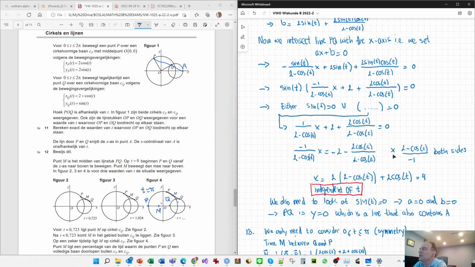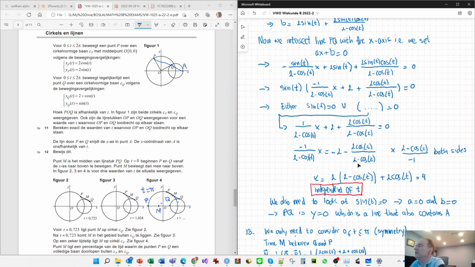So what you do is multiply both sides by the inverse here, right? You want to isolate x. So here you get just 1x, and on the other side, you multiply by this, and this minus times this minus is plus 2, so you get 2 times 2 minus cosine t.